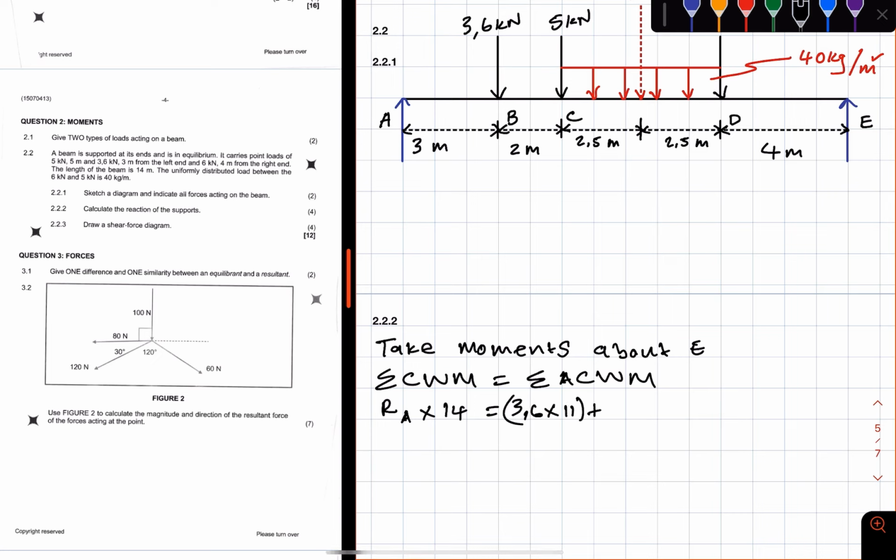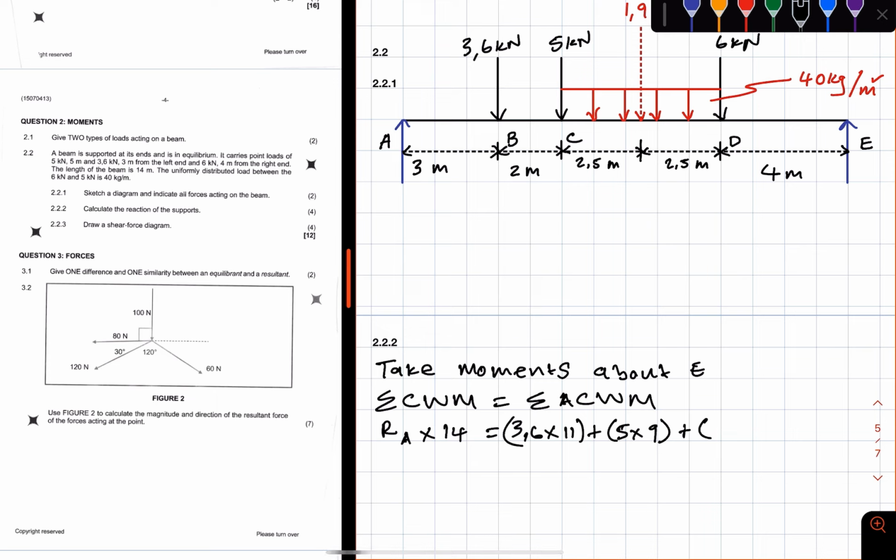So 11 plus the 5 kilonewtons times the distance, which is 9 meters, plus the weight. The weight of the UDL is 1,960 times, what is the distance from the weight of the UDL to support E? It's 6,5. So 6,5 plus the 6 kilonewtons, 6 times 4 meters.